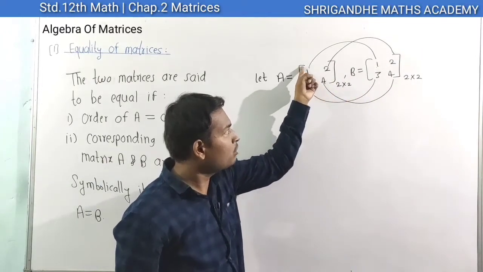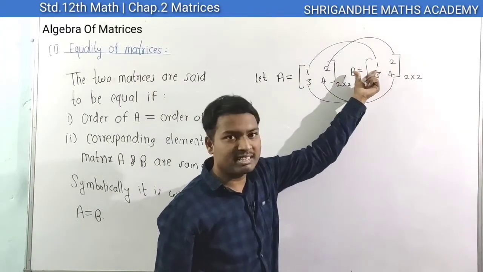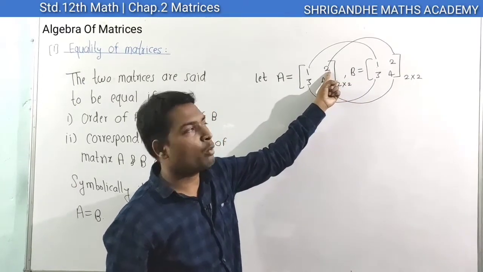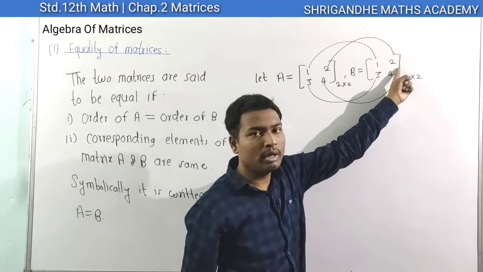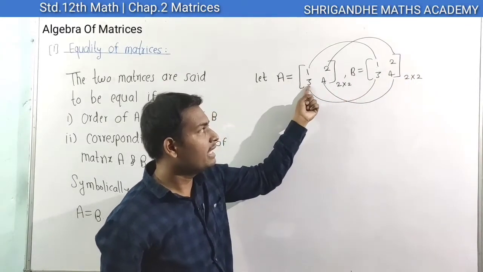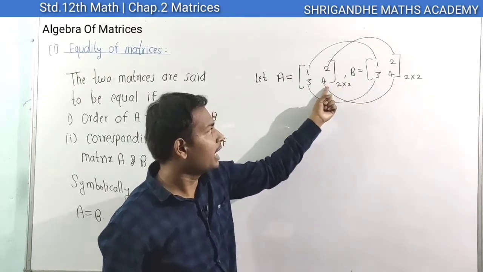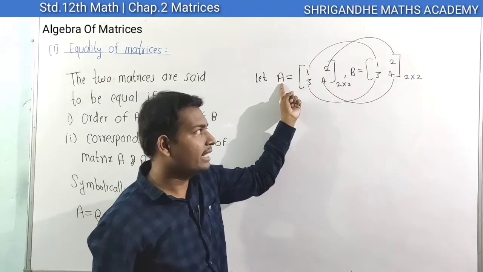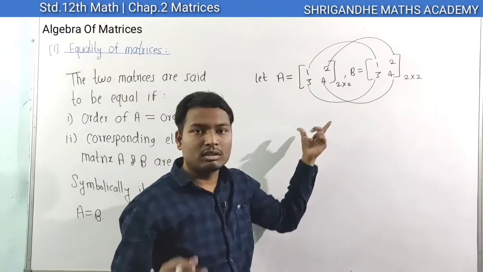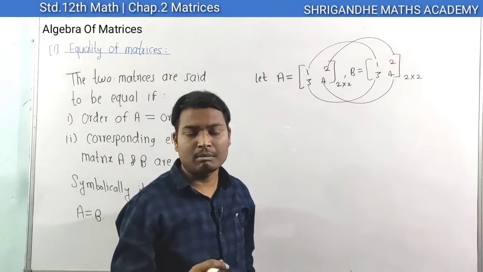Here the A11 entry of matrix A is the same as the A11 entry of matrix B. Similarly, the A12 entry of matrix A is the same as the A12 entry of matrix B, the A21 entry of matrix A is the same as the A21 entry of matrix B, and the A22 entry of matrix A is the same as the A22 entry of matrix B. This implies the corresponding elements of both matrices are the same.